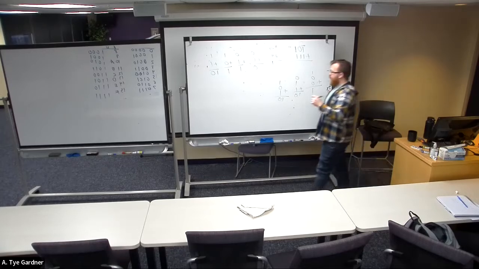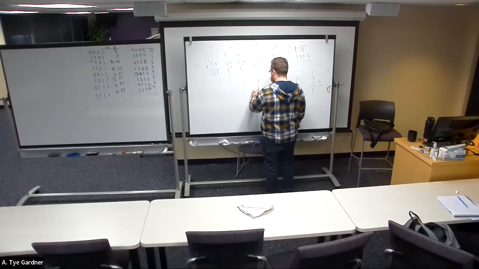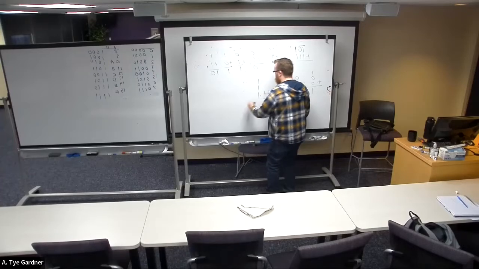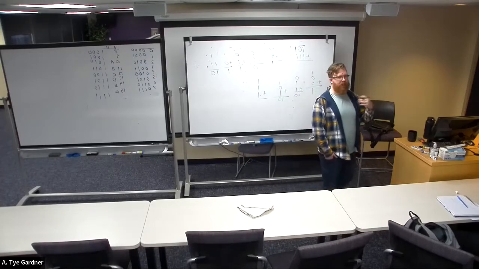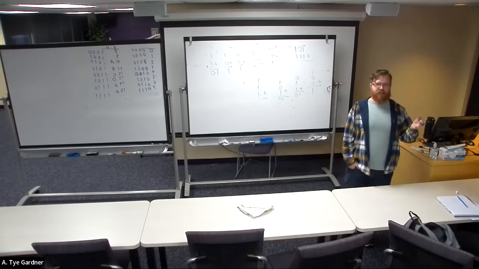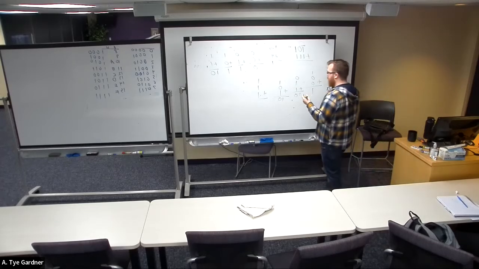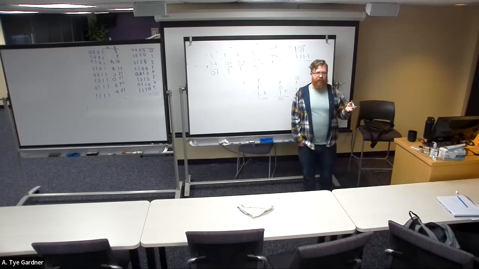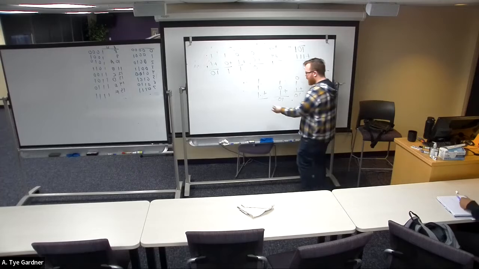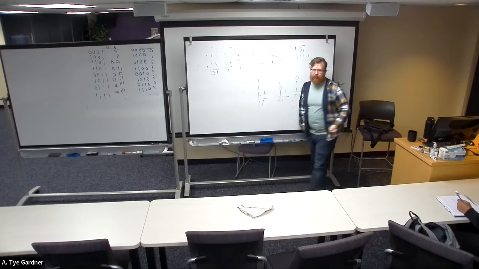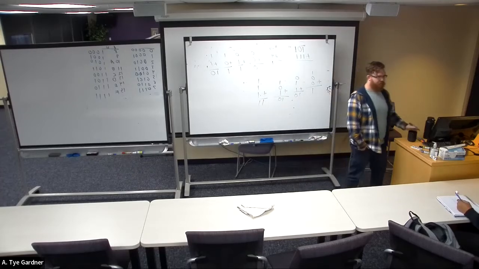So that leaves my only remaining case, 1 plus 1 plus 1. In other words, 1 plus 1 with a carry in, meaning the last column had a carry out. So, what is 1 plus 1 plus 1? Well, we know that's 3. So then I just go add what is 3 in binary? 1 1.